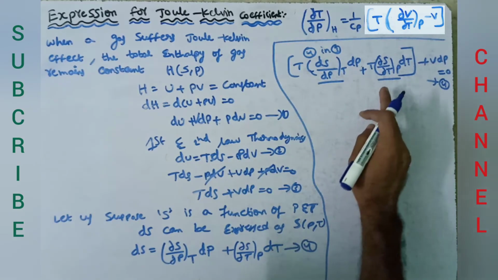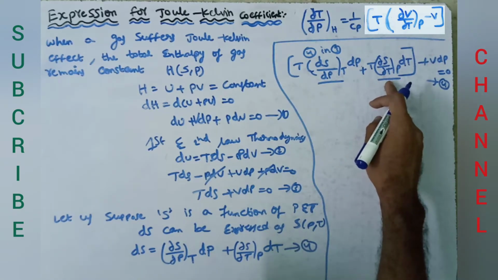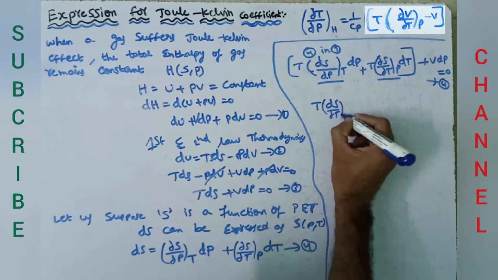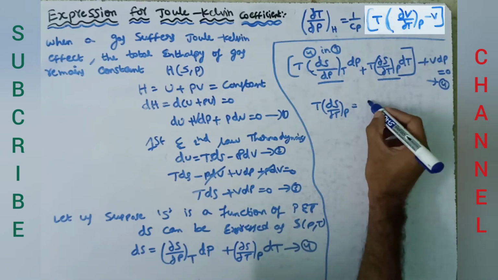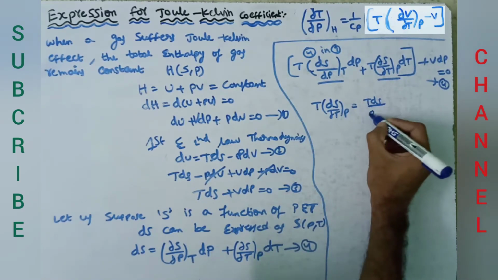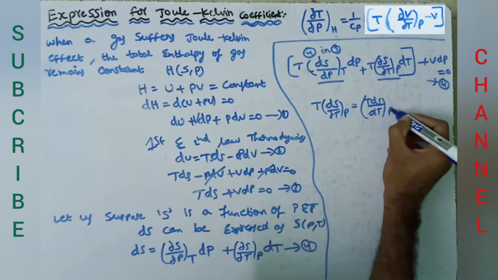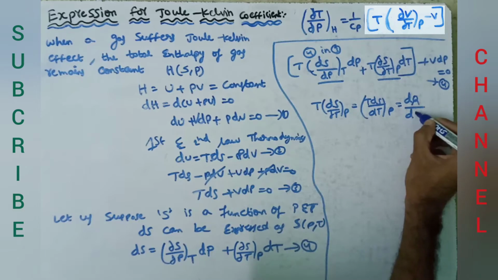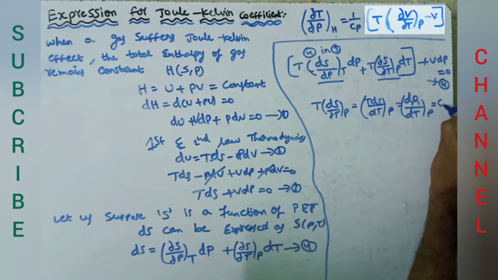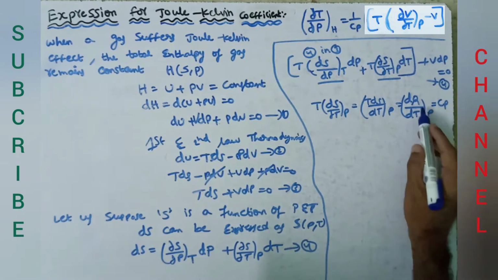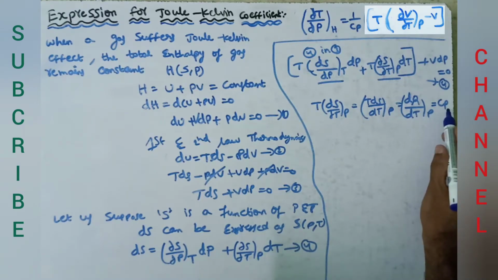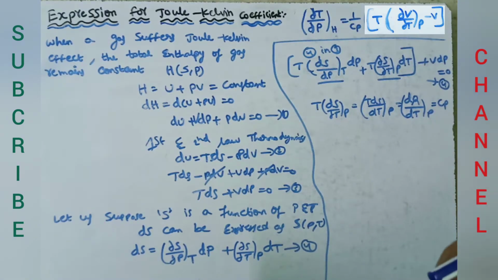We know that T into dou S by dou T of P equals T dS by dT, where pressure is constant. T dS can be written as dQ according to the second law of thermodynamics, dQ by dT of P. This can be written as Cp. We have studied this, dQ by dT where pressure is constant is Cp, the specific heat at constant pressure.